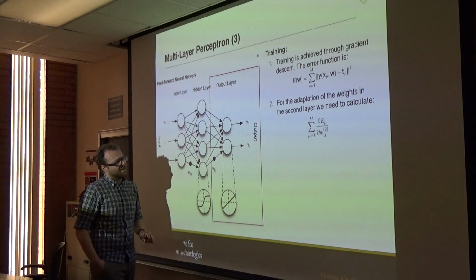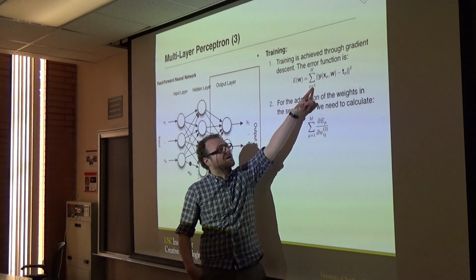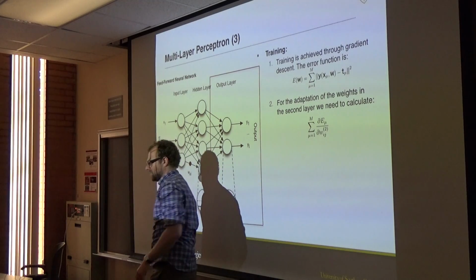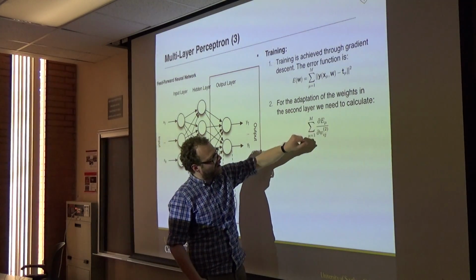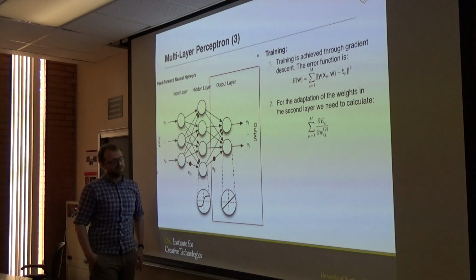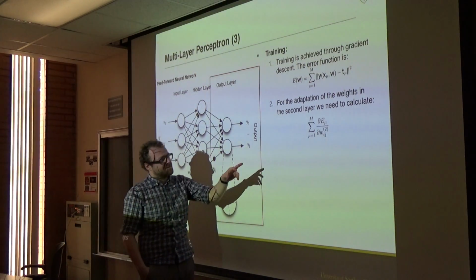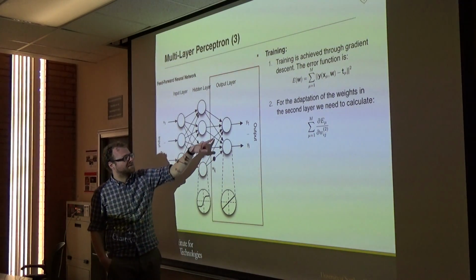In this case, the error function is also defined over an entire set of samples, so we have a sum over all samples in our training set. We're going to talk about this in a little bit, but basically what we have to do first is the partial derivatives for all of these weights here. Okay?